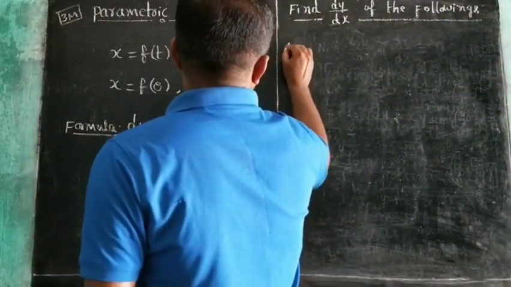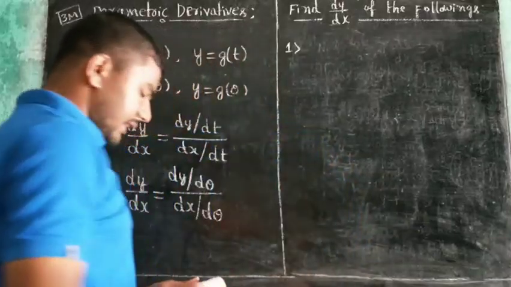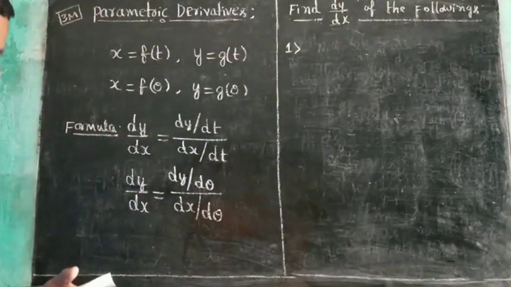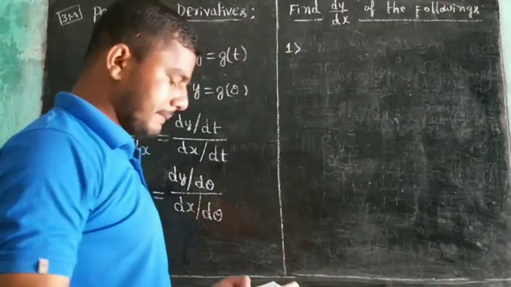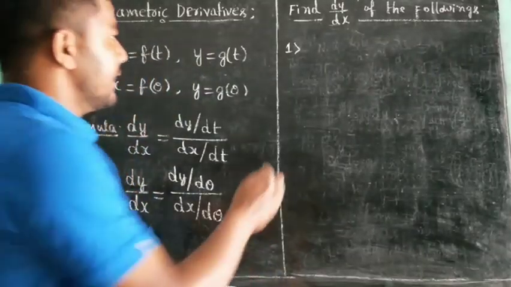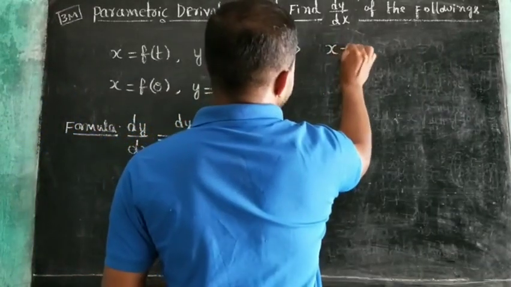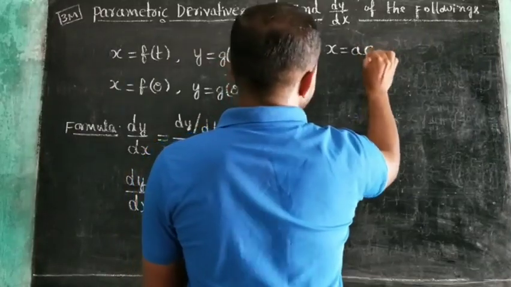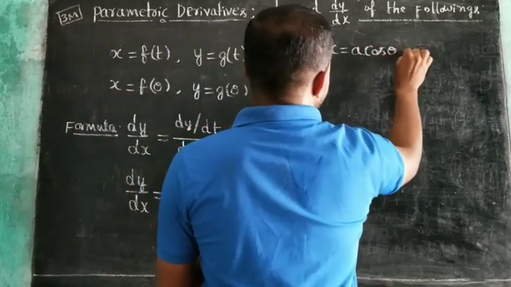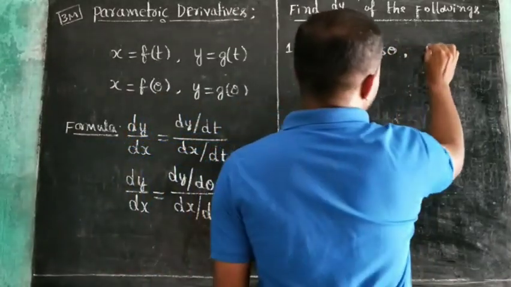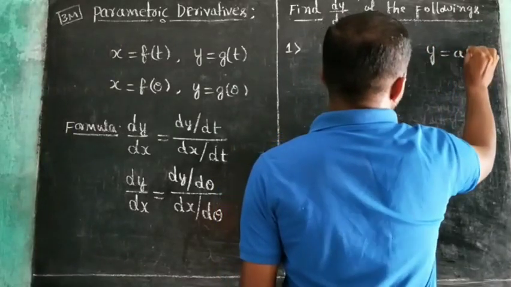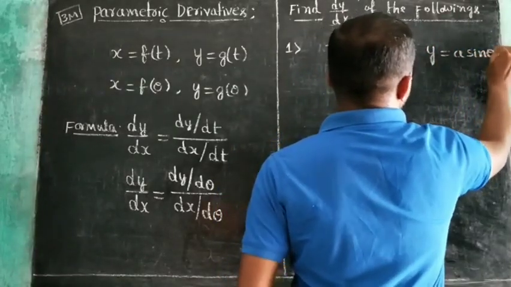Problem number 1: x is equal to a cos theta, y is equal to a sin theta.